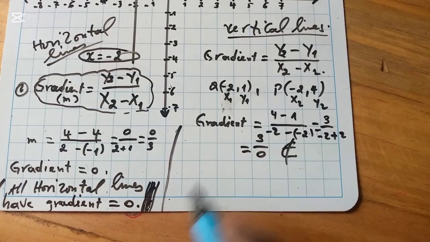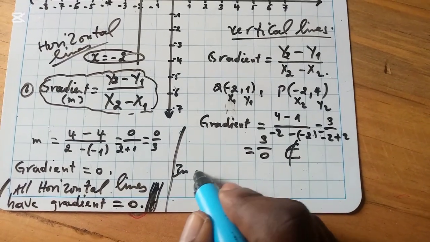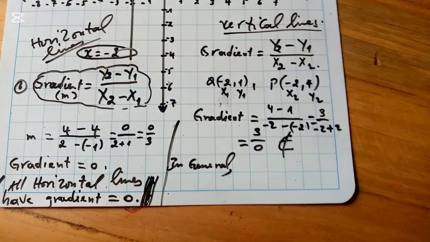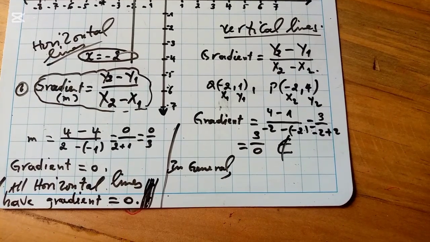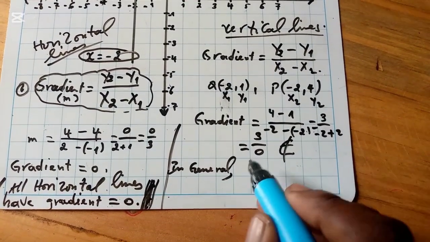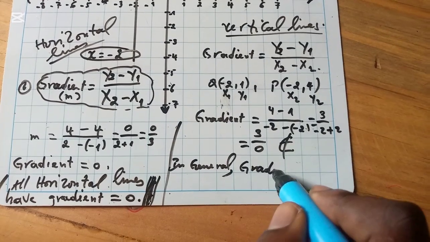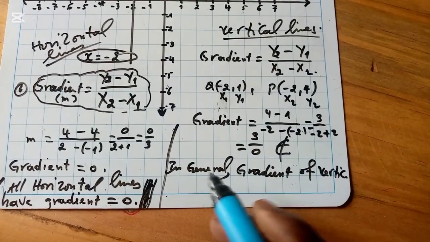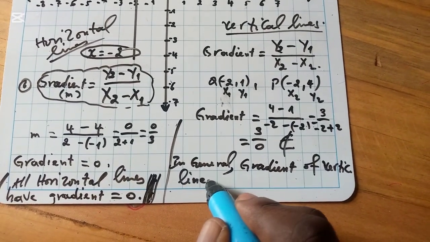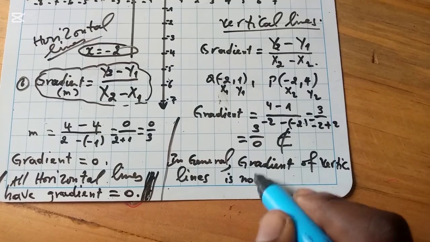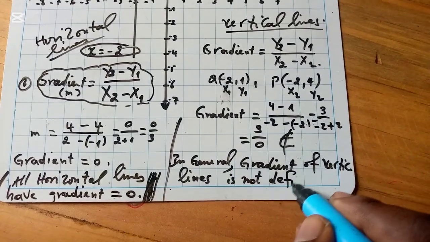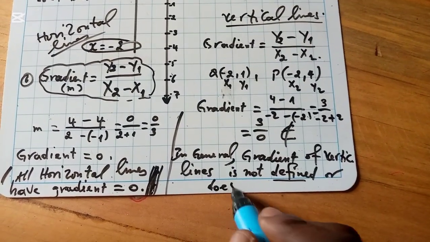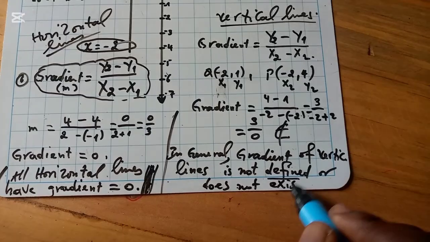Now, in general, the gradient of vertical lines is not defined, or does not exist.